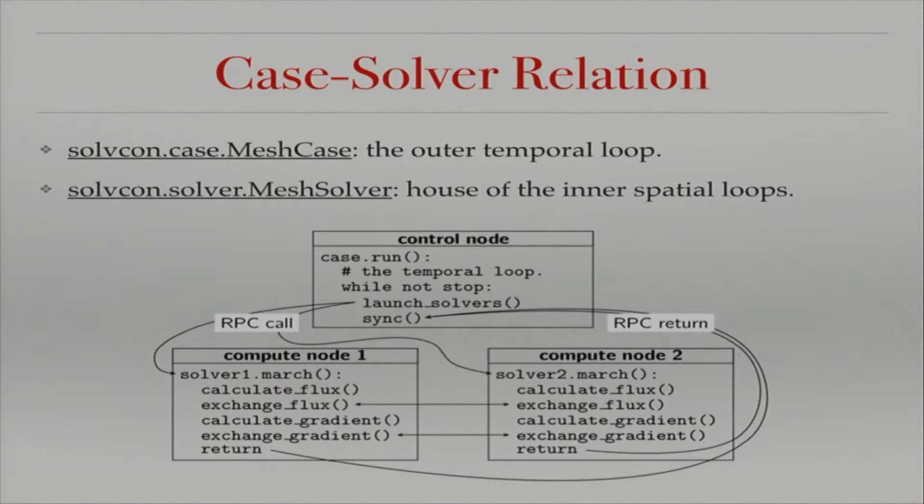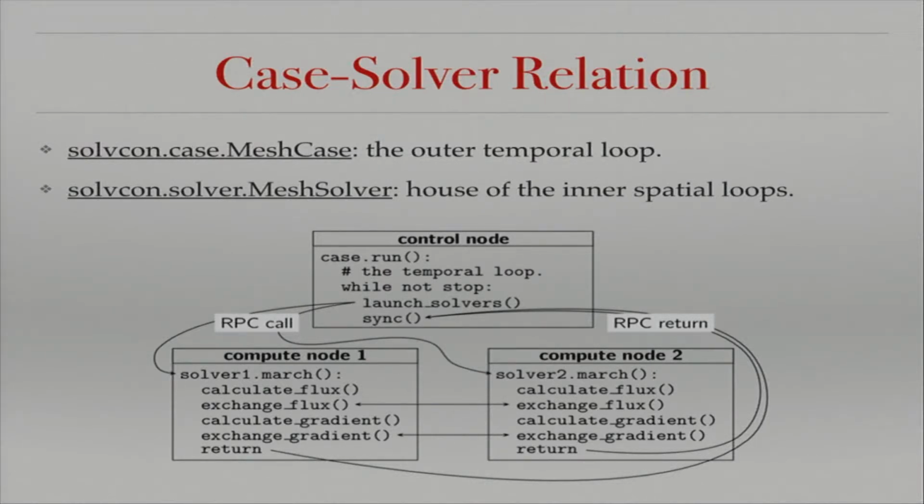There usually are a lot of spatial loops, because for one time step, for one time marching, you just need to do a lot of processing. And as you can see, we have two nodes here. So this structure automatically gives us a parallel computing infrastructure.